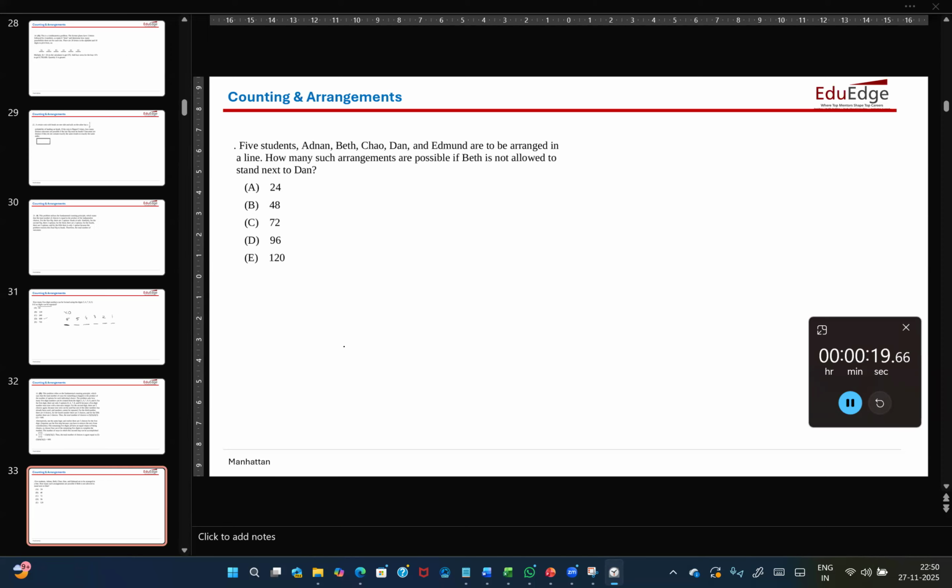How do you do 4 combinations? 5, 4, 3, 2. 2 times 3 is 6, 2 times 6 is 12. 20.